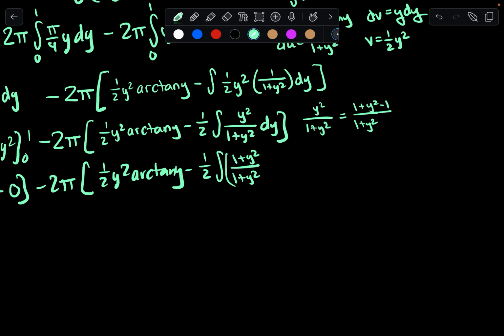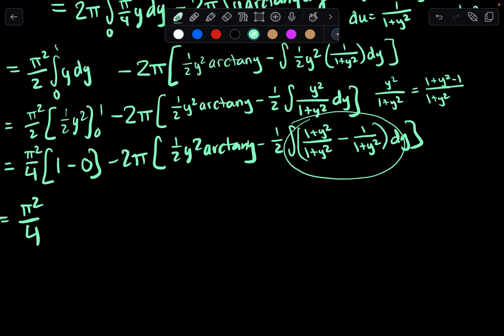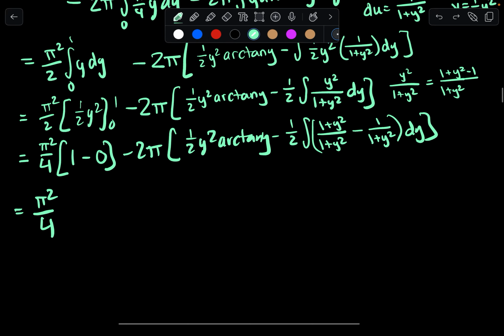So I have the 1 plus y squared over 1 plus y squared, and then I'm going to subtract the last one, minus 1 over 1 plus y squared dy. If you combine these again, they do equal this. But now what I did with my integration is that I have a part that's equal to 1, and then I have a bottom heavy part, so it's going to be easier to integrate.